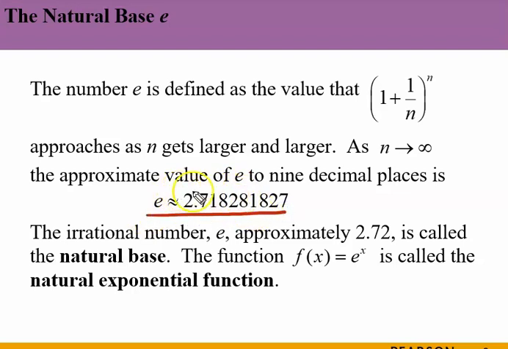It's often rounded off to 2 decimal places, where we go to the third, which is an 8, so it makes this 1 a 2. Now, when we see it in this form, the function of x is equal to e to the x power. This is referred to as the natural exponential function. And we use that e in many mathematical processes that we'll see later as we progress.